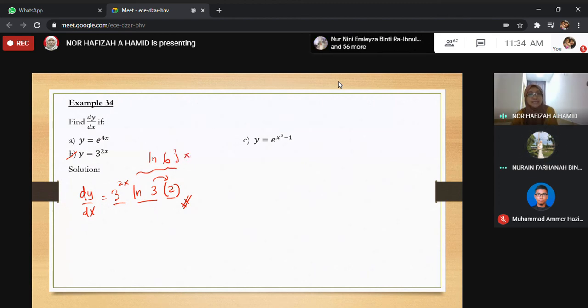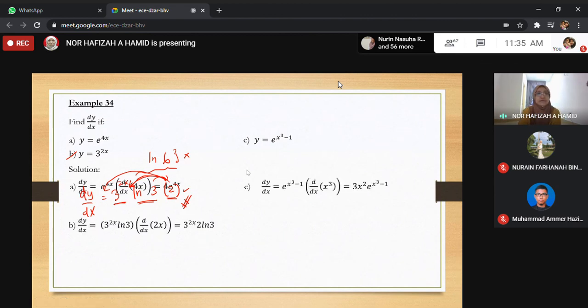Asalkan you asingkan 3 ni, boleh lah. 2 ni you nak letak dekat depan pun boleh, dekat tengah pun boleh, tak kisah, asalkan you tak multiply. Okay, thank you. Cuma biasanya solution tu dia letak dekat tengah sebab dia takut you multiply jadi ln 6 pula. Tapi kalau you faham tak perlu multiply, you biar macam ni je pun betul juga. Okay, boleh?